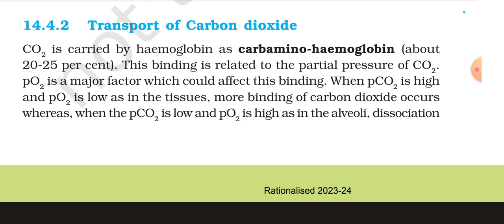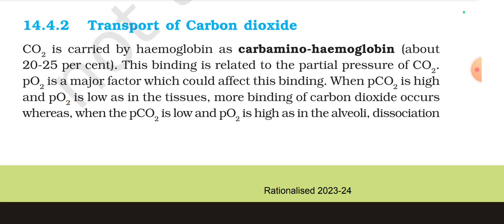CO2 is carried by hemoglobin as carbaminohemoglobin, about 20 to 25%. This binding is related to the partial pressure of CO2. PO2 is a major factor which could affect this binding.